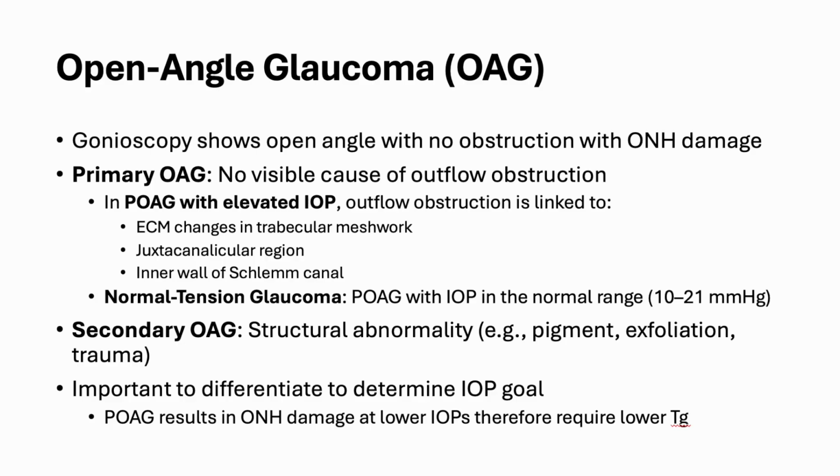Normal tension glaucoma is a subtype of POAG where damage occurs despite IOPs in the normal range. Secondary open-angle glaucoma involves a known structural cause, such as pigment dispersion, trauma, or pseudo-exfoliation. Proper classification is essential to determine the appropriate IOP target, as POAG can cause damage even at lower pressures.